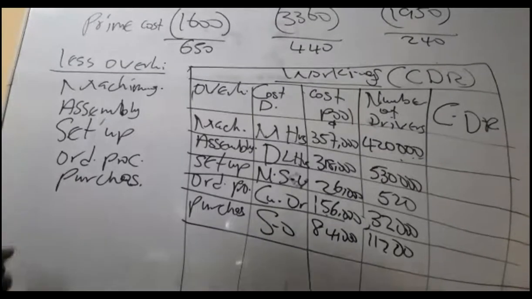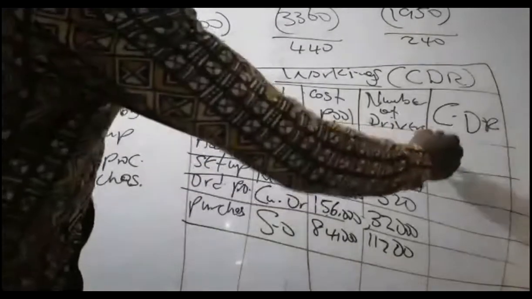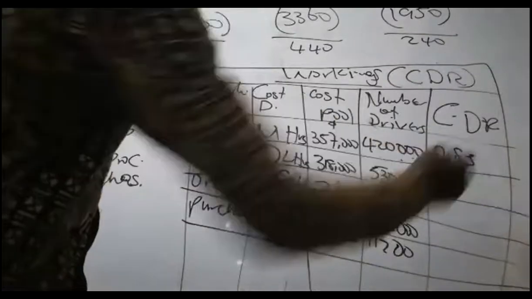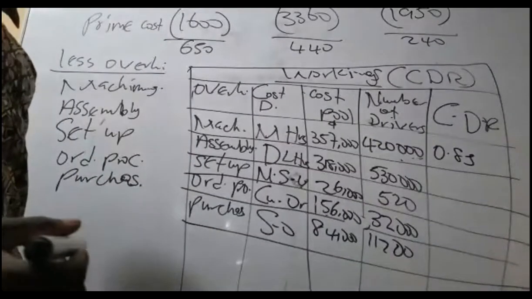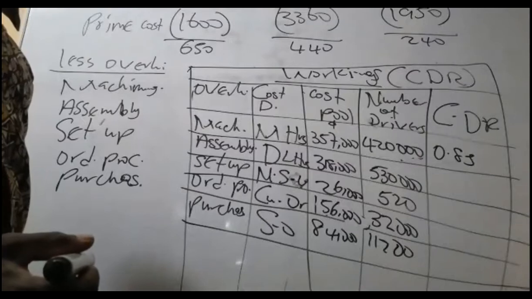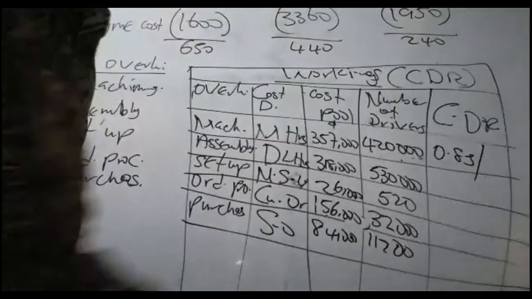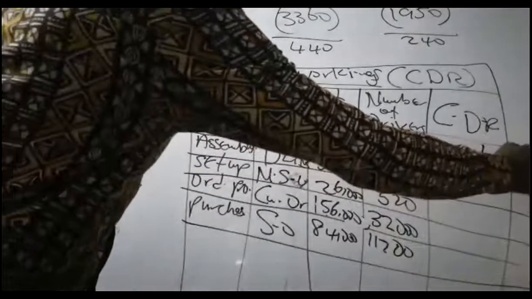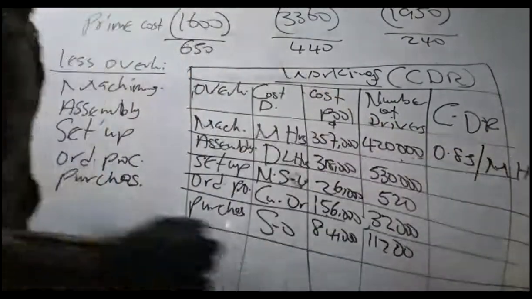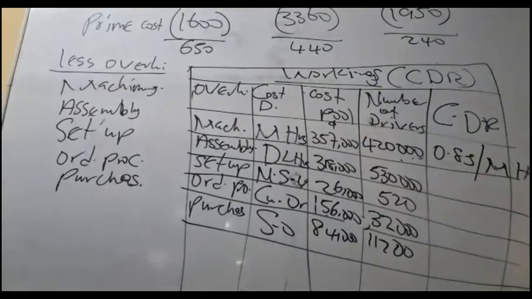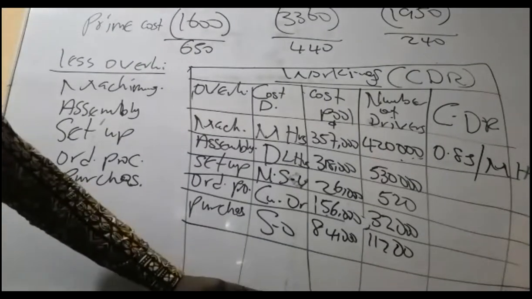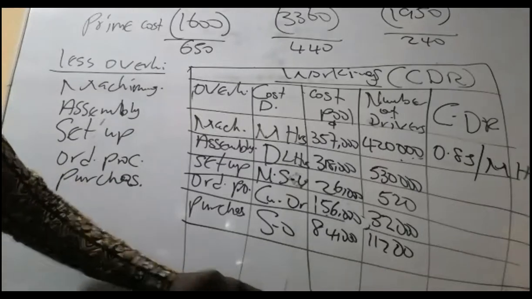The first one, we do have 0.85 per machine hour. Then the next one is 0.6, also per labor hour.